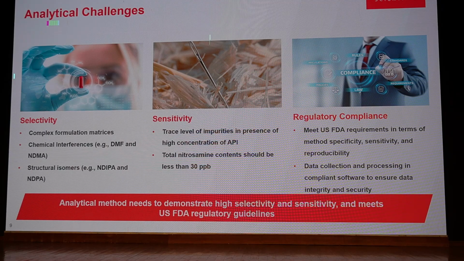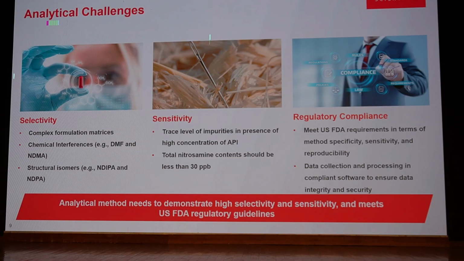But when you convert the API into a tablet, lots of excipients and different additives are added, and they may also contribute to your sample extraction and make your sample more complex. With more resolving power you can analyze those things. Then there is chemical interference, like Sunil has already mentioned, DMF and NDMA. Both have an almost similar mass, 74, and that poses a major issue.